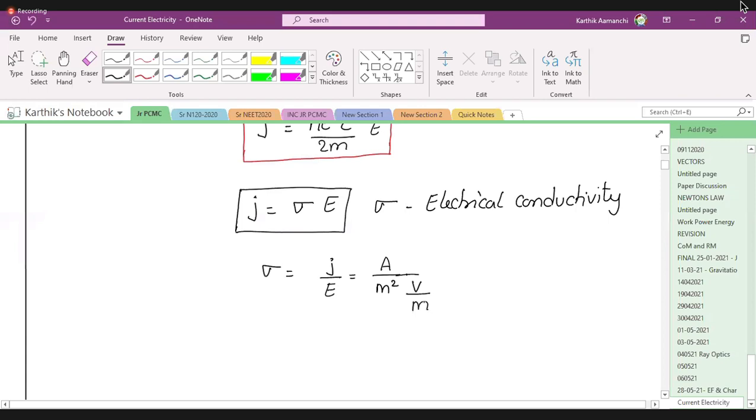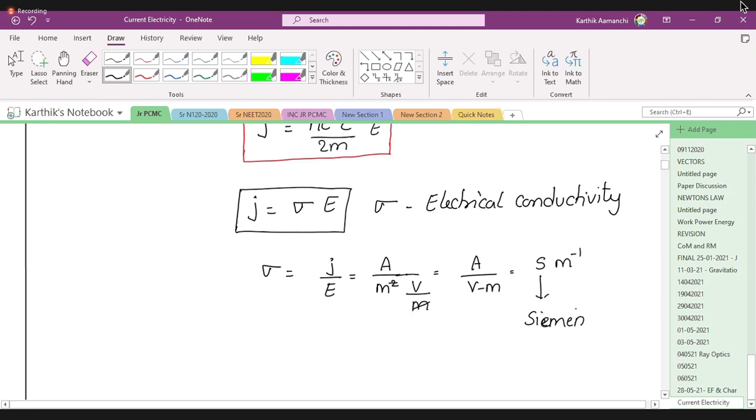The meter gets cancelled, ampere divided by volt meter. Right? So this is Siemens per meter, the inverse of ohm meter.